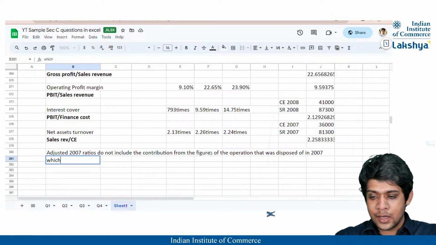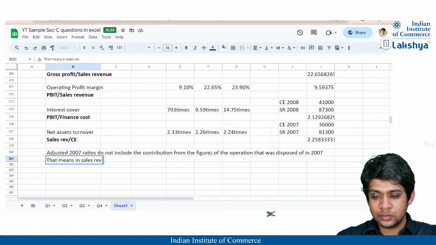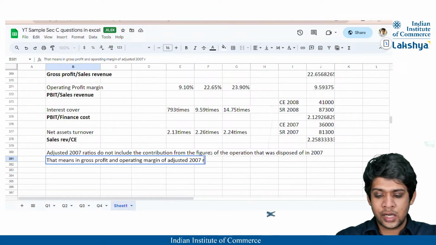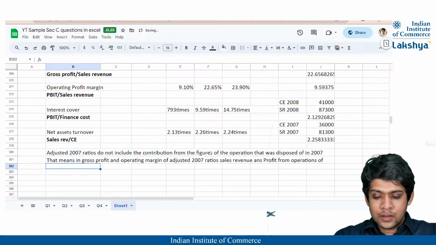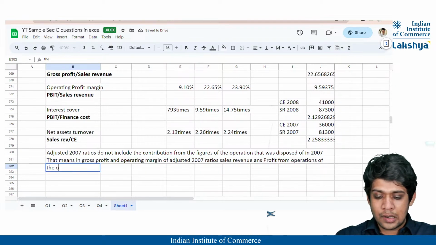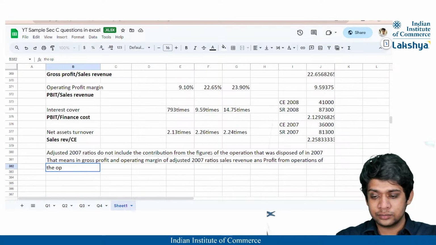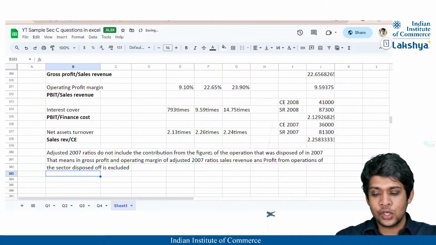So that means in sales revenue, in gross profit and operating profit margin of adjusted 2007 ratios, sales revenue and profit from operations of the operation or whatever sector disposed of is excluded, right? You can specify it like that.